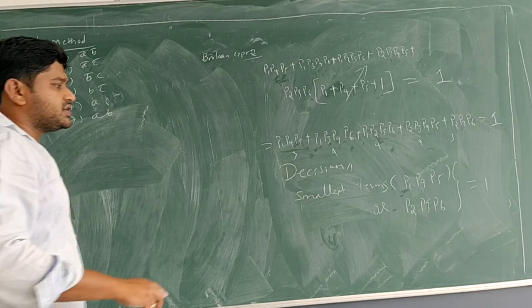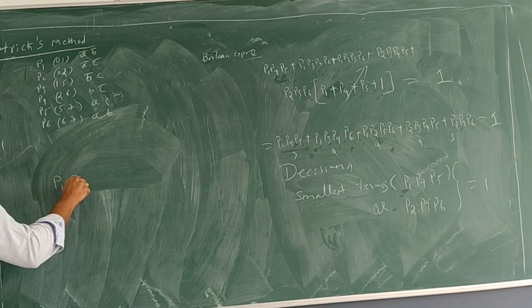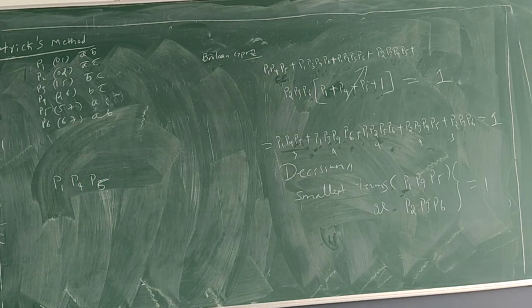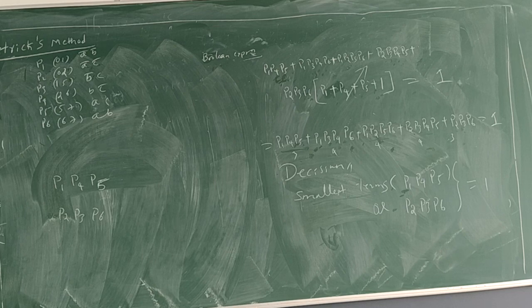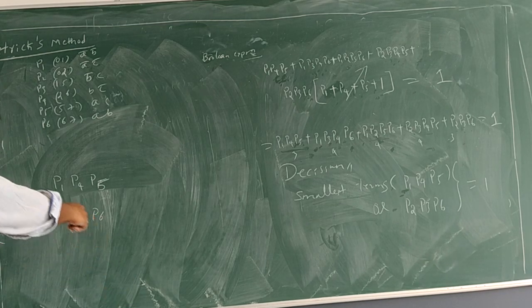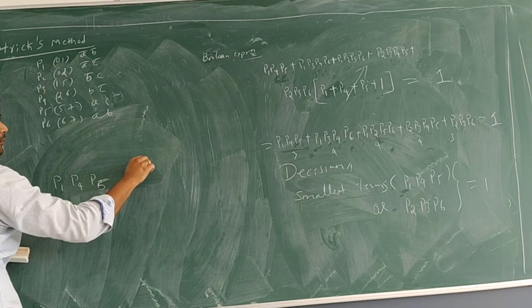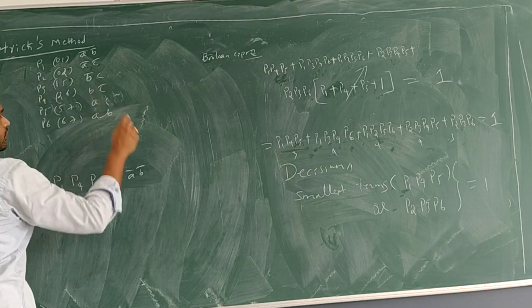Okay, now what is the decision from these smallest terms? First smallest term option: P1, P4, P5 or P2, P3, P6. These are the 2 possibilities. What do we have to consider for selection? What do you mean by P1? P1 means A bar, B bar. Next P4, what do you mean by P4?